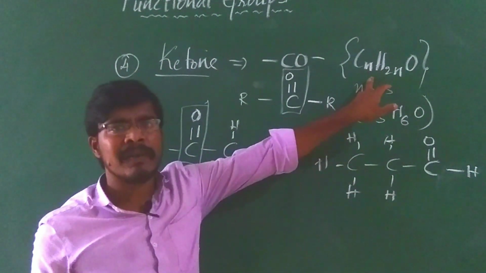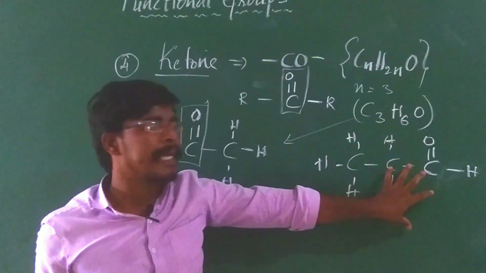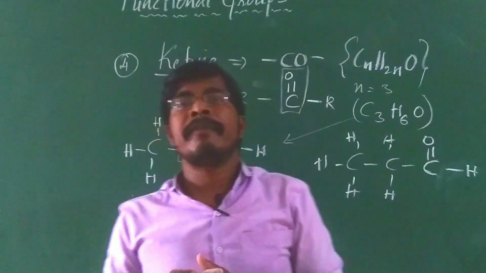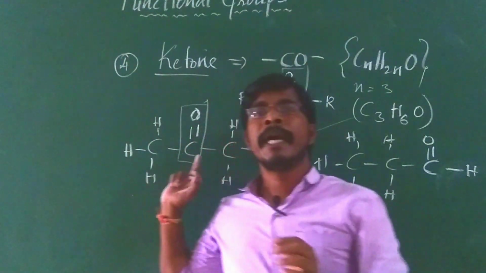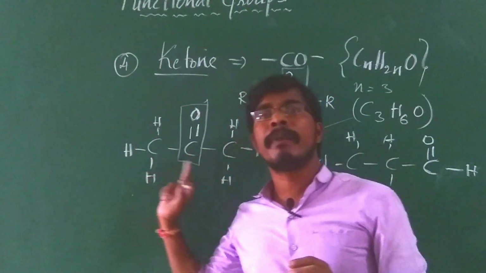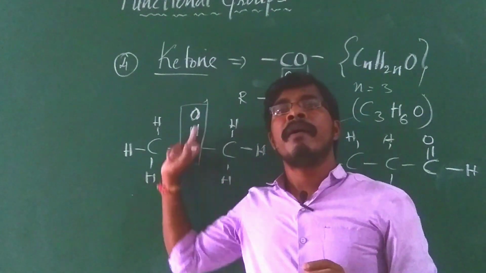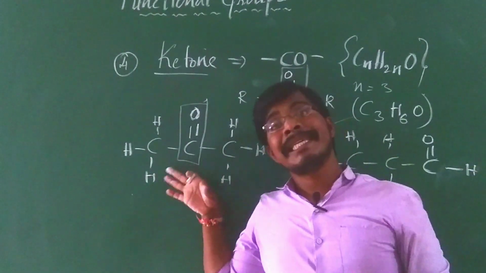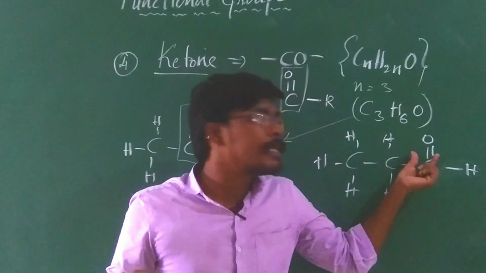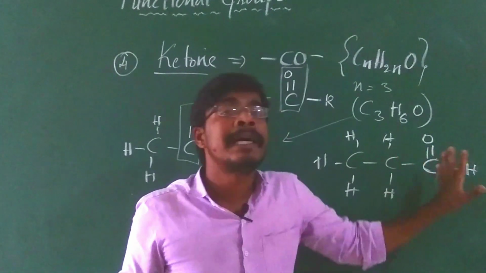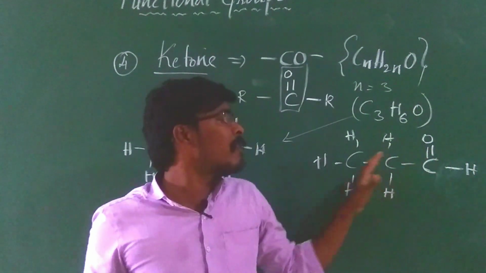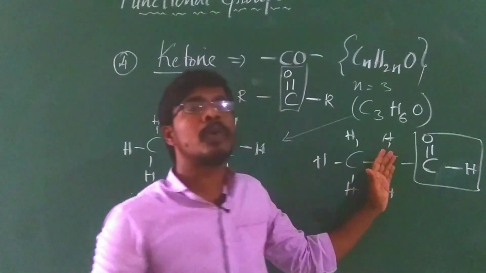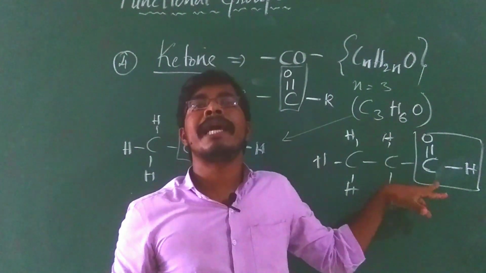So the same general formula you got now, for aldehyde also the same, for ketone also the same. Then where are you going to identify them? The oxygen group, if it is in between two carbon atoms, this is a ketone group. If the oxygen group is attached at the end of the carbon chain or else at the first position of the carbon chain, then this is nothing but the CHO group, in the sense the aldehyde group.